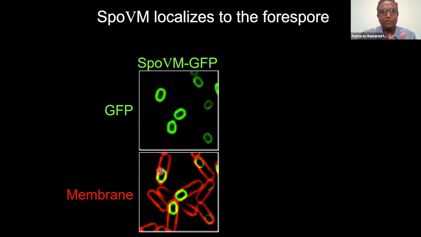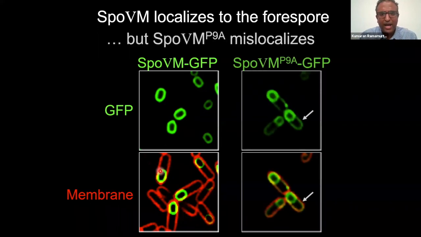And what we can see here is that this protein is able to localize very specifically to that surface of the developing forespore. I want to introduce another variant of this protein, and these are the 2 tools that we started off with. On the right-hand side, I'm showing you the same protein, but instead we've changed one single amino acid in that protein. It's an amino acid called proline at position 9 that's been changed to another amino acid called alanine.